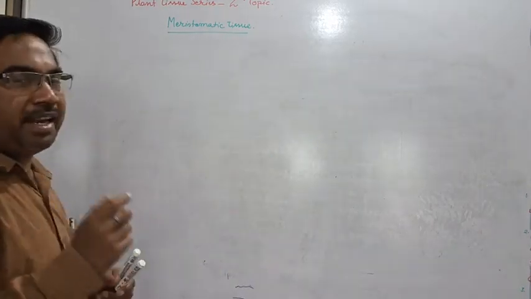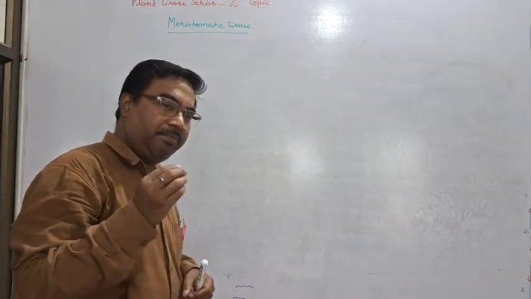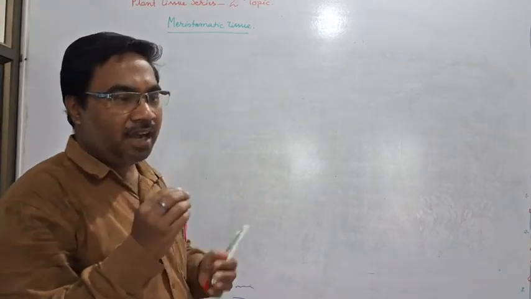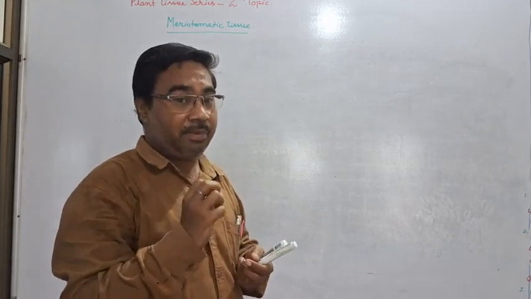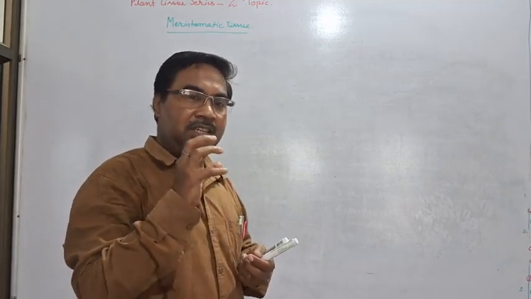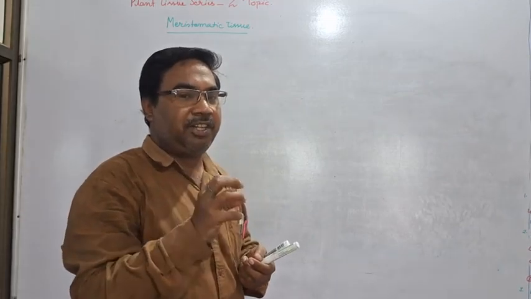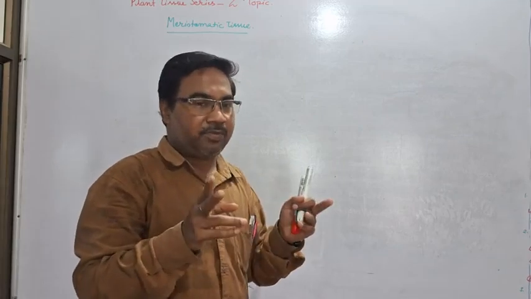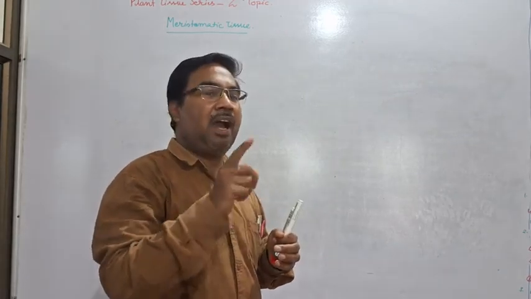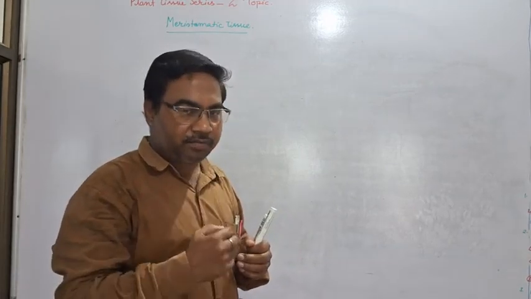First thing is meristematic tissue. Dear children, first we have to think about how we can recognize meristematic tissue. Because there are two types of tissue, meristematic tissue and permanent tissue. Only two types of tissues are there.